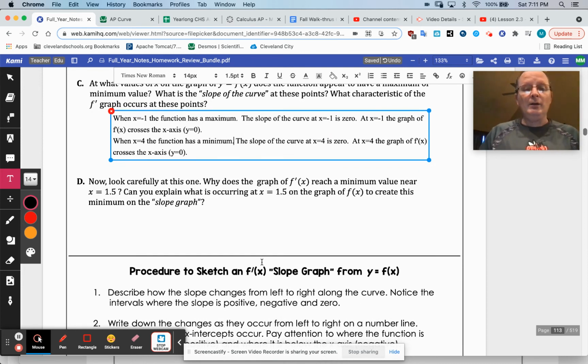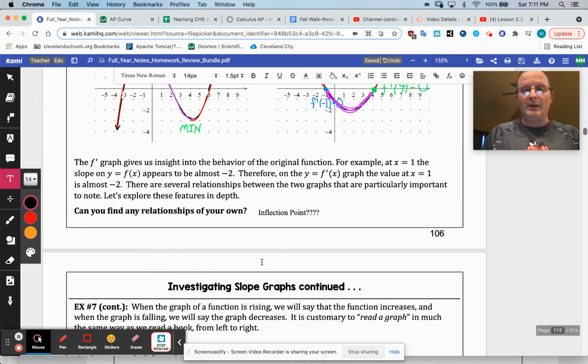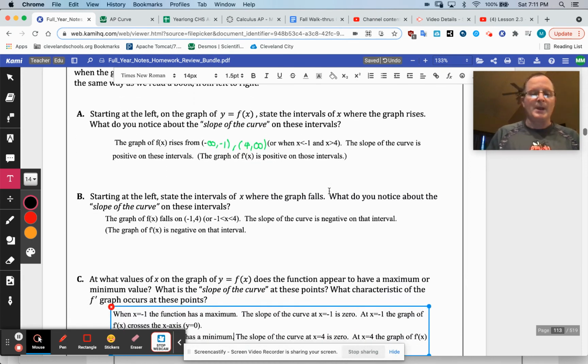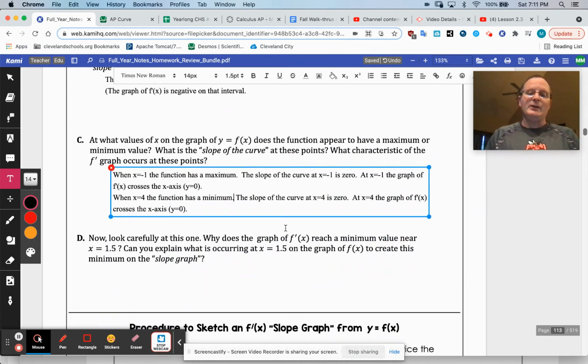Looking at the graph, when I hit the max there, we cross the x-axis. When I hit the minimum there, we also cross the x-axis, from a different direction, though. Now on D, look carefully at this one. Why does the graph of f prime reach a minimum value near 1.5? Can you explain what's occurring at 1.5 of the graph to create this minimum on the slope graph?